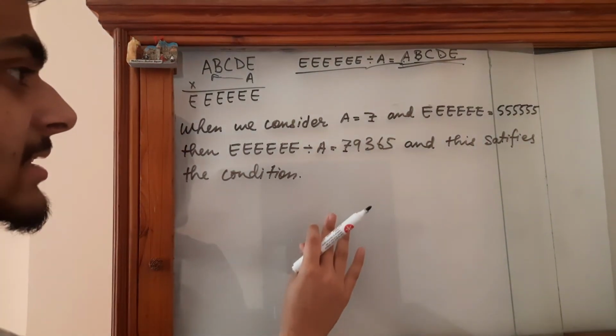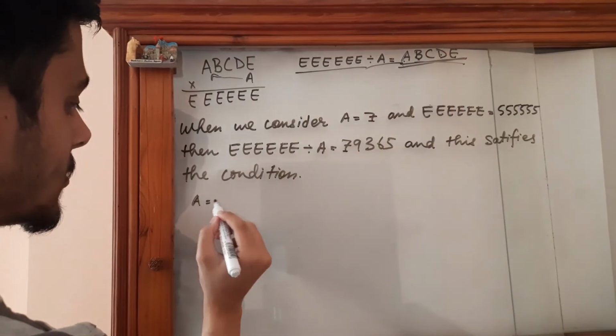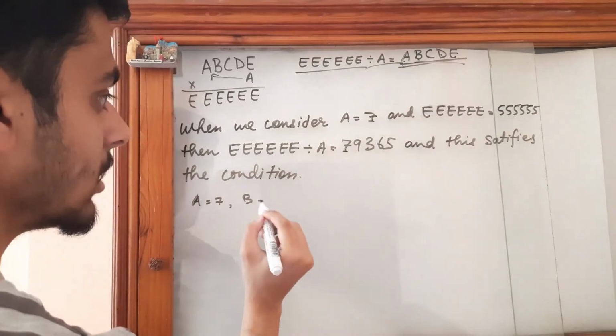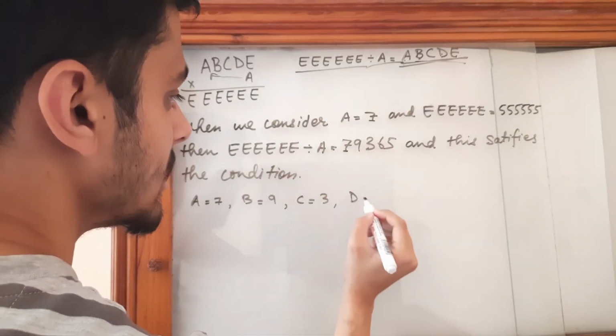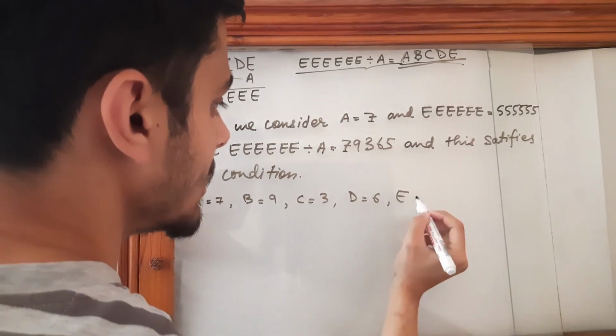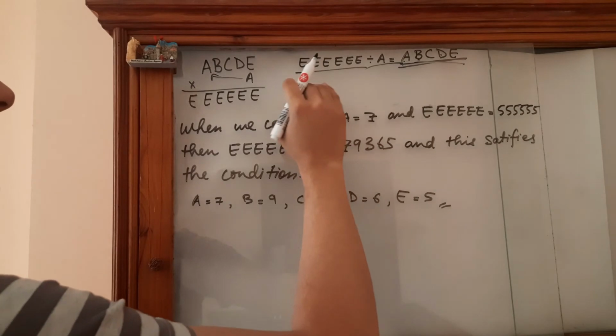So this satisfies the condition, and therefore A is equal to 7, B is equal to 9, C is equal to 3, D is equal to 6, and finally E is equal to 5. So this is the final answer for this question.